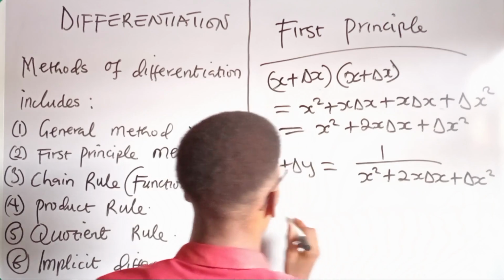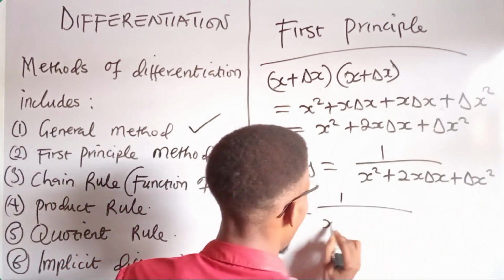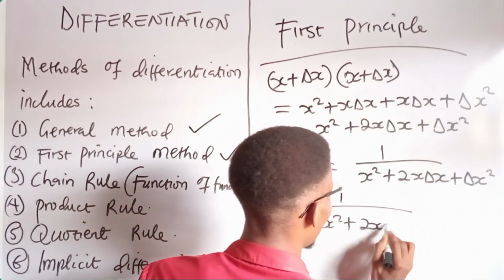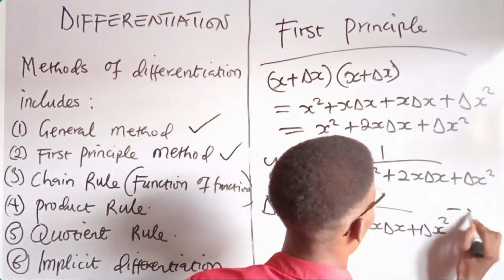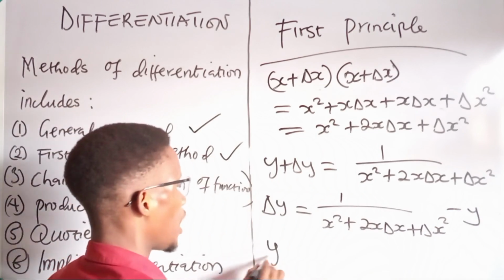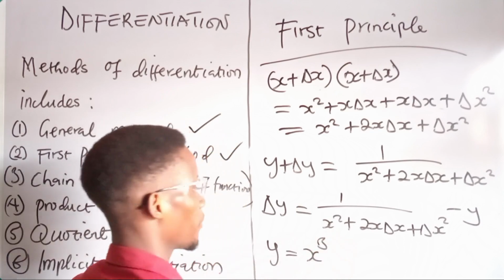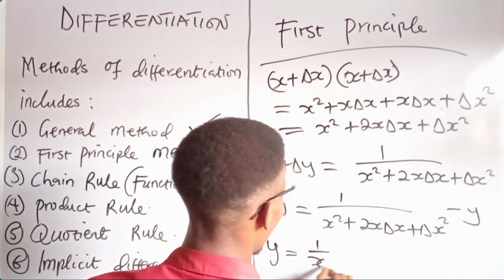So let's make change in y the subject of the formula. So we have change in y is equal to 1 all over s squared plus 2s change in s plus change in s squared, minus y. Then recall that we're given y equals 1 over s squared.